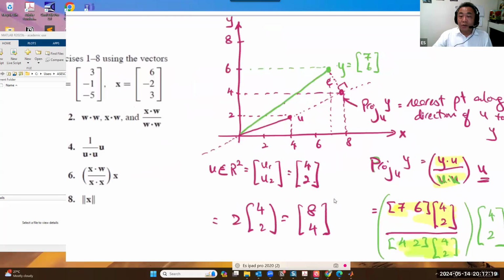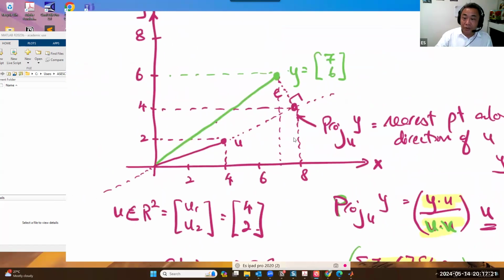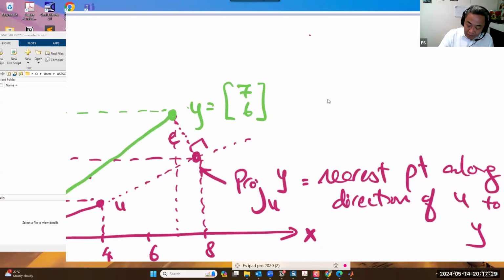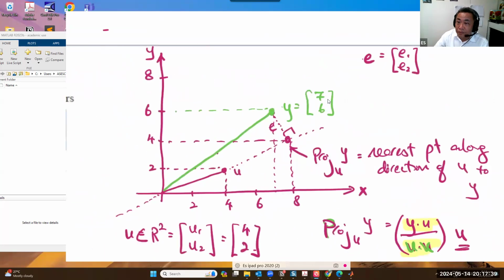All right. Now, what did I tell you? I show you that this is orthogonal, right? Who is orthogonal to who, guys? E, what is E? What is E1, E2? How would I find E1, E2? So you remember this is a right angle triangle.